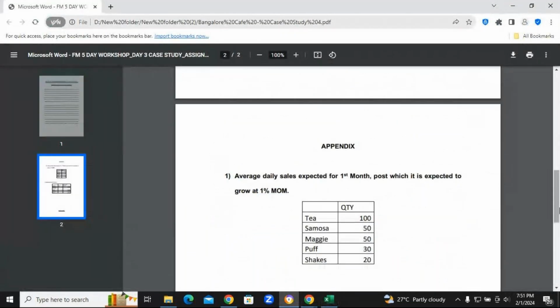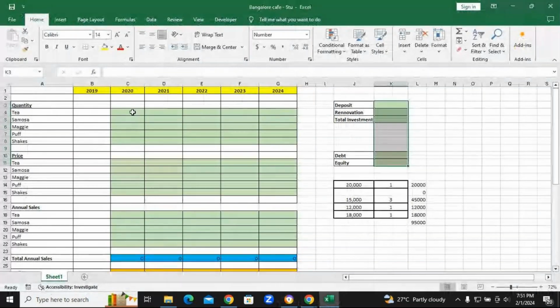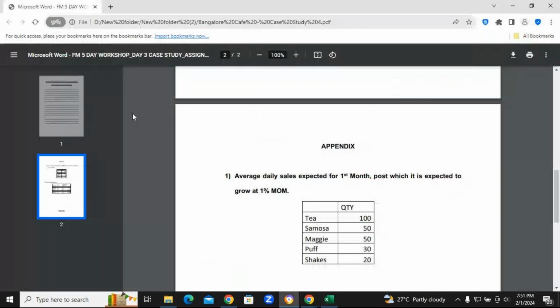So 100 tea per day. Here we will be applying 100 into 365. Per day 100 means in a year there are 365 days. And they are telling that month on month 1% will be increased, so that will be total 12%.